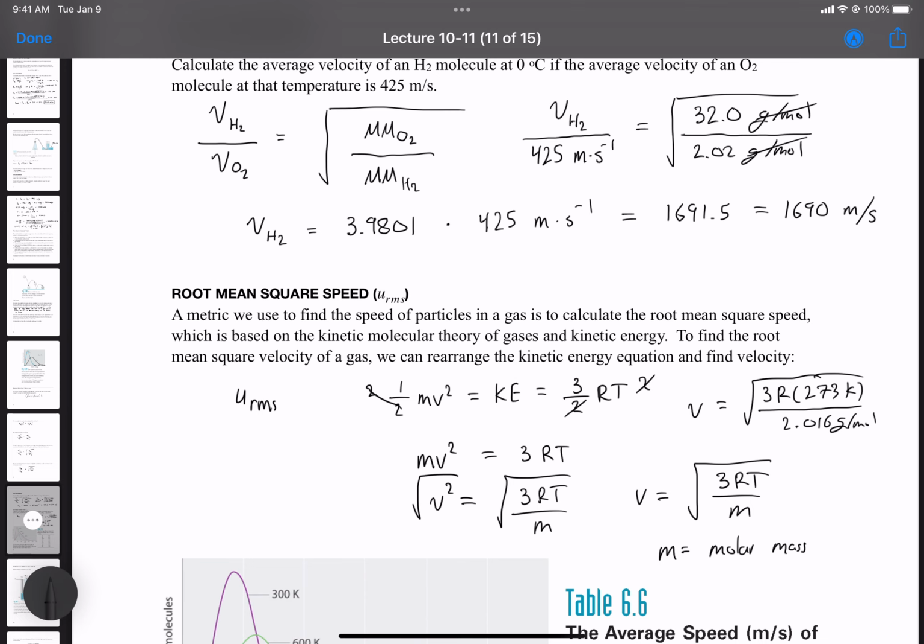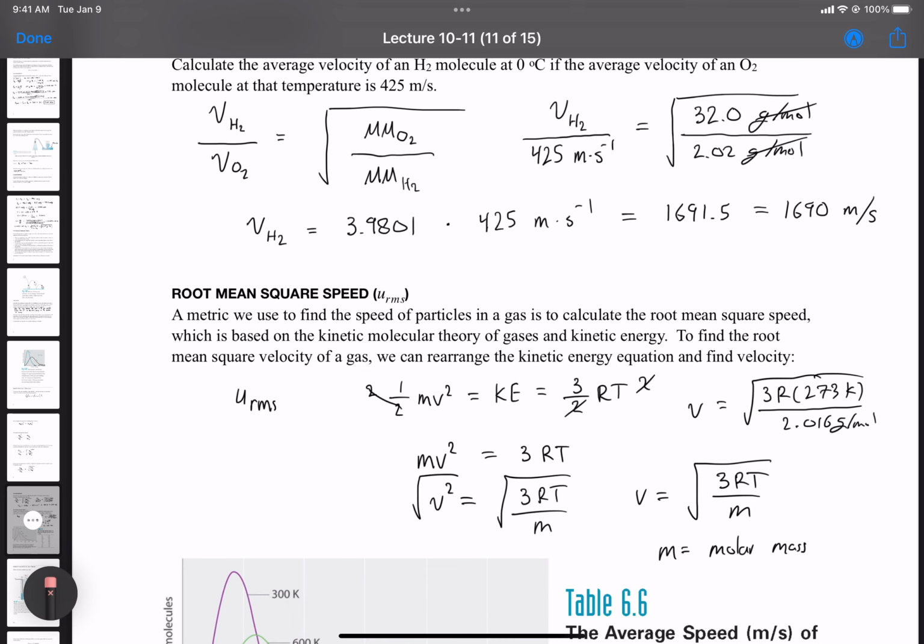The units in this calculation are a little bit weird and tricky, so we'll have to elaborate on that.